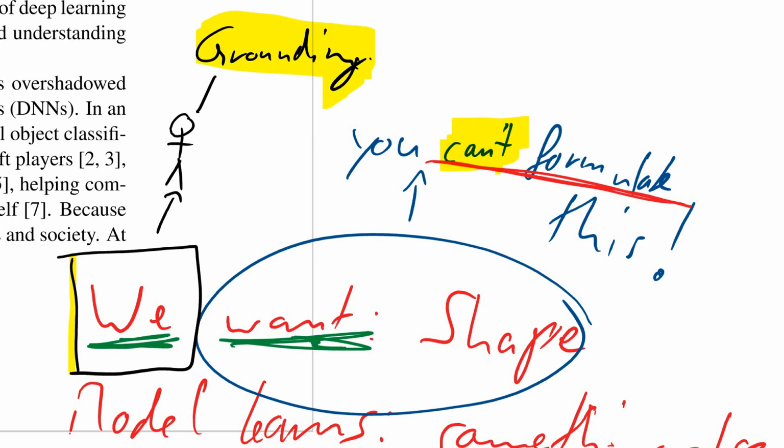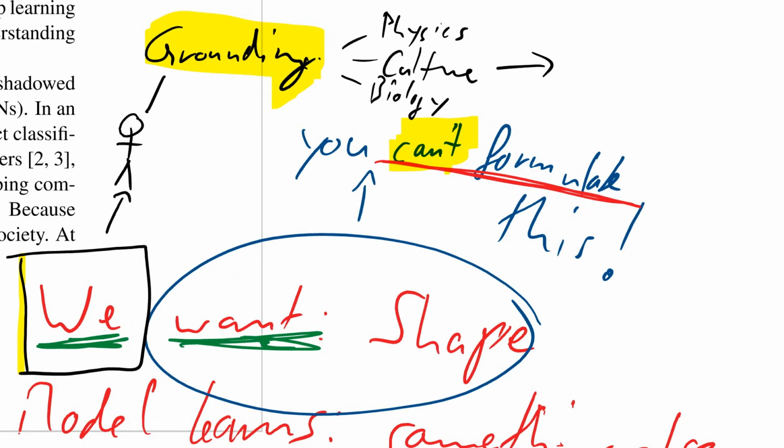Grounding means that the humans live in a world of physics and culture, and the need for food, biology. Humans live in this world, and this generated our brain, right?